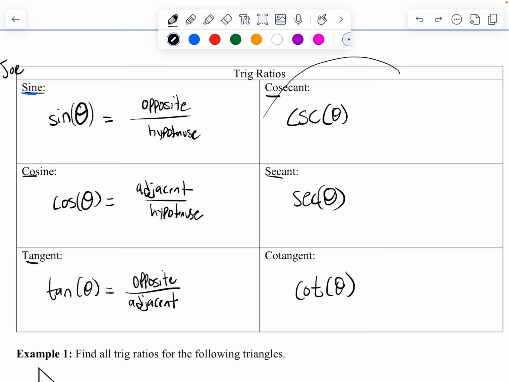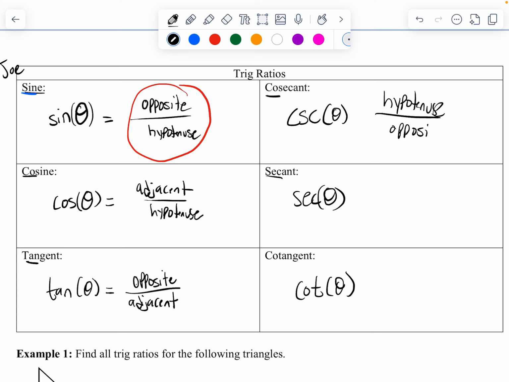All right. These are what are called the reciprocal functions. Now, hopefully you remember reciprocal in math means flip. So if I have a fraction, if I flip that, so opposite over hypotenuse, we flip it, we get hypotenuse over opposite. That is the cosecant, right?